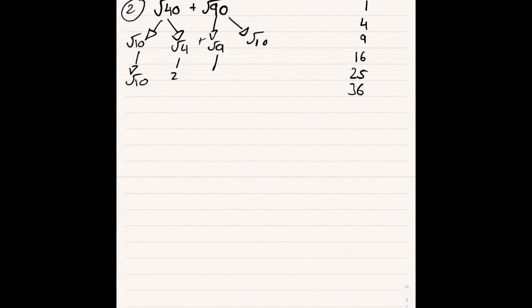Square root of 9 is 3, so 3 square root of 10. So at the end we have 2 root 10 plus 3 root 10, which gives us 2 plus 3 is 5. And remember, because it's the same base, which is root 10, we keep the same base. So it'll be 5 root 10.